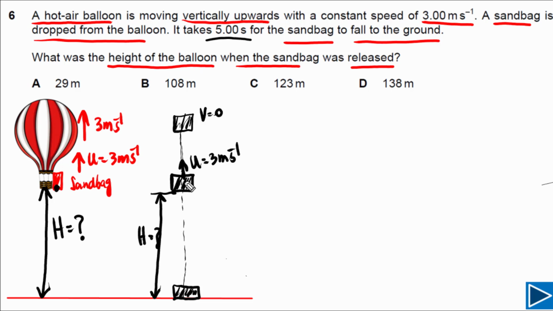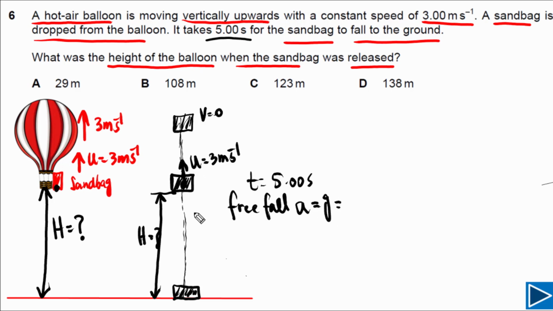The total time taken from when it is released from the balloon, to go up and to reach the ground, is also given. And that time is 5 seconds, 5.00 seconds. As this sandbag is in free fall, it simply means that the only force acting on it is gravity.